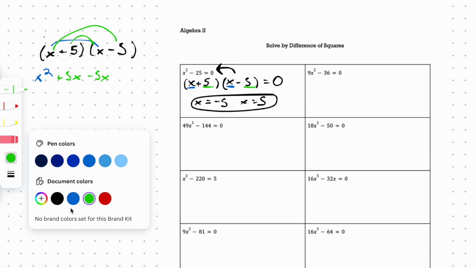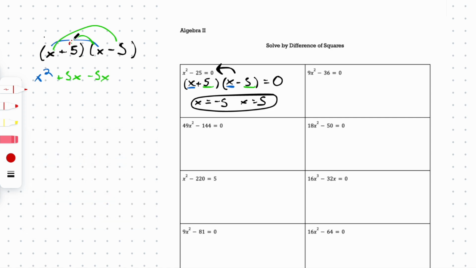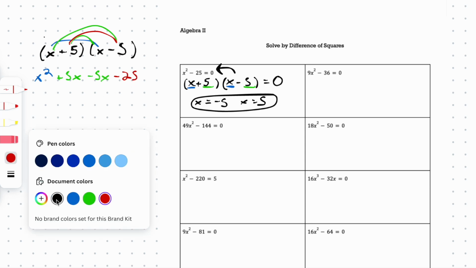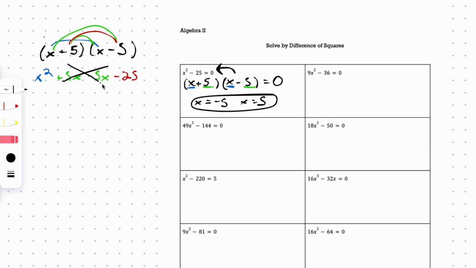And then we do 5 times negative 5, and we get negative 25. You'll notice that our middle term, our b term, ends up canceling out. And so we just get x squared minus 25.